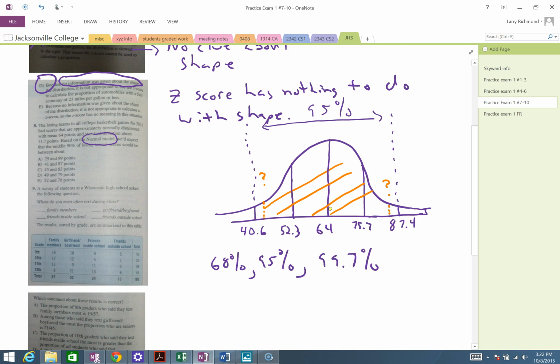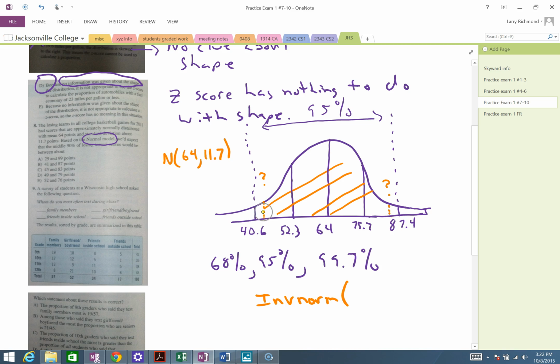Hopefully you remember from our previous class, this distribution is normally distributed with a mean of 64 and a standard deviation of 11.7. If I want to find this marker, I can do inverse norm. I write my percentile that I want.